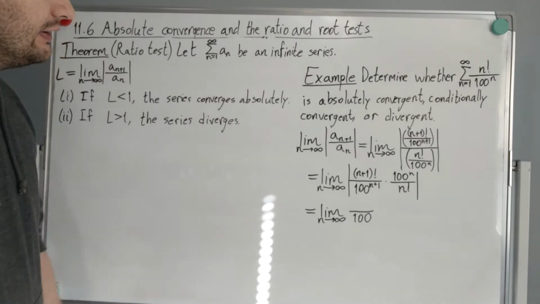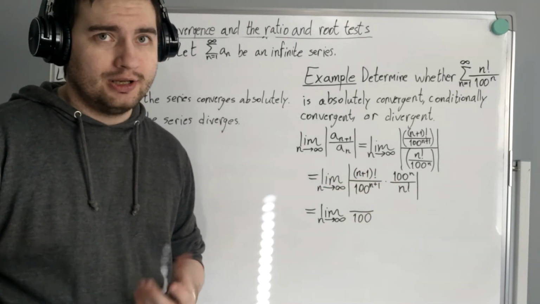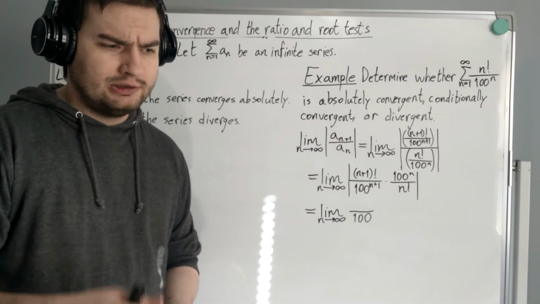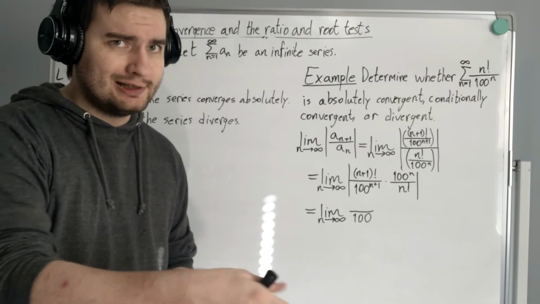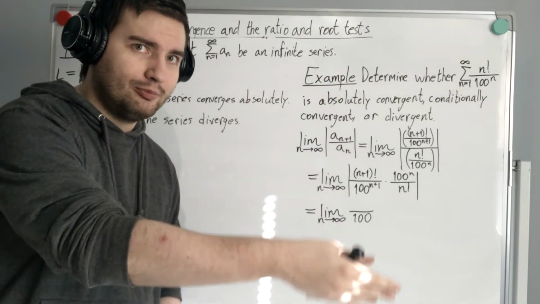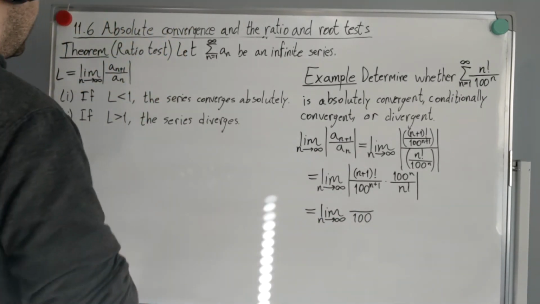The other thing is n plus 1 factorial divided by n factorial. So let's think about this for a second. N plus 1 factorial would be 1 times 2 times 3 times 4, all the way up to n minus 1 times n times n plus 1. So let's write that out.